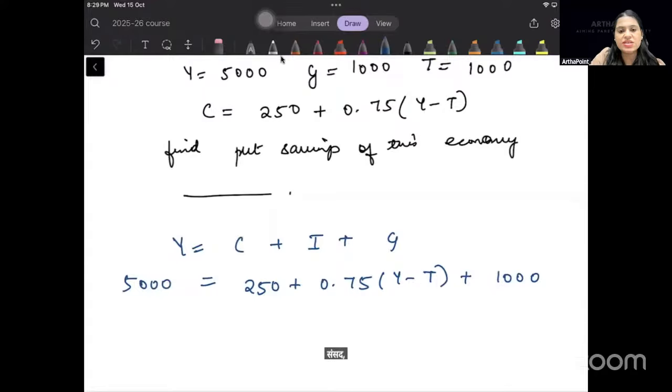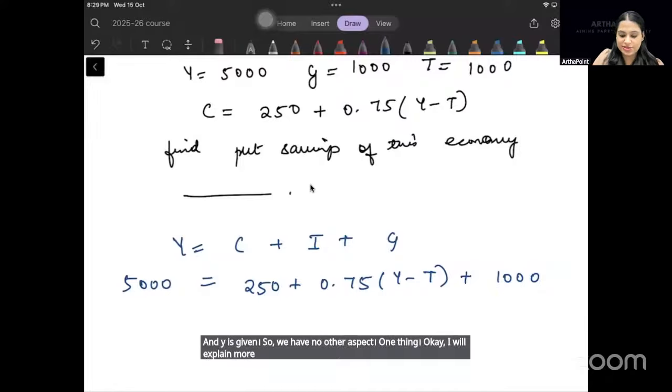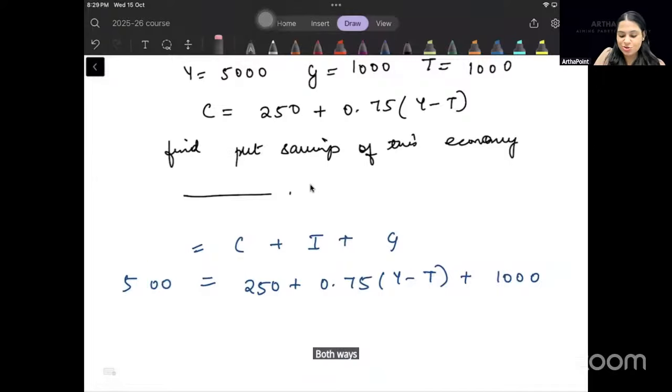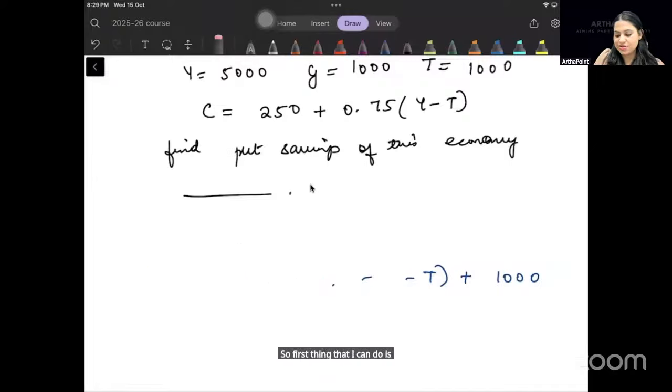So since I is not given and Y is given and T is also given, so we have no other aspect here. One thing, okay, I'll explain both ways. So first thing that I can do is method number 1.